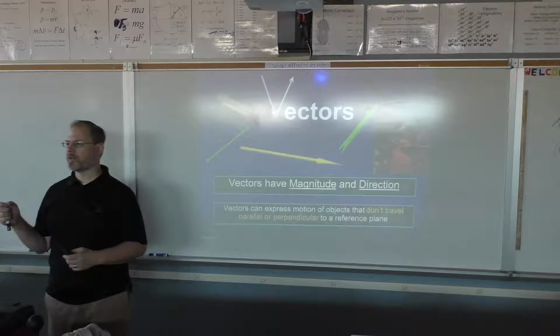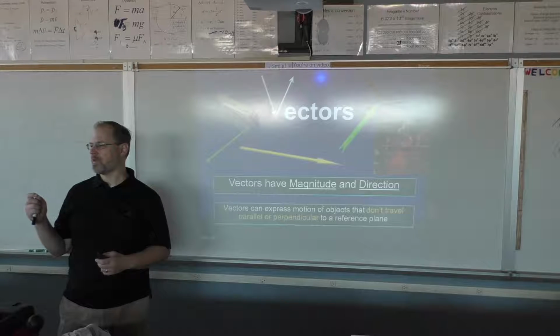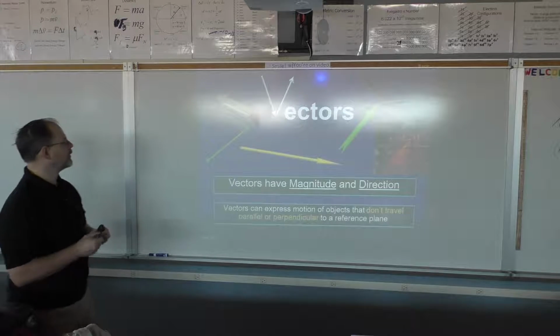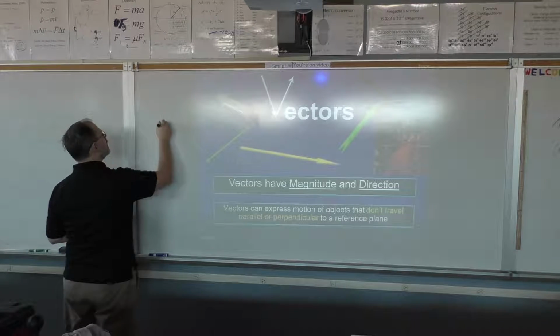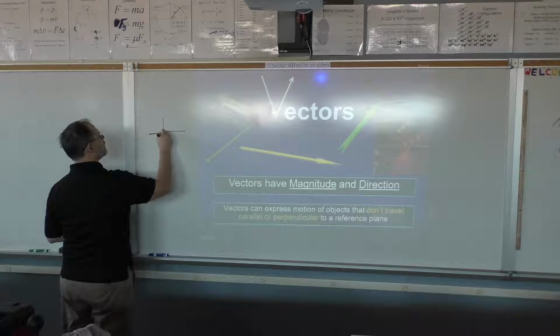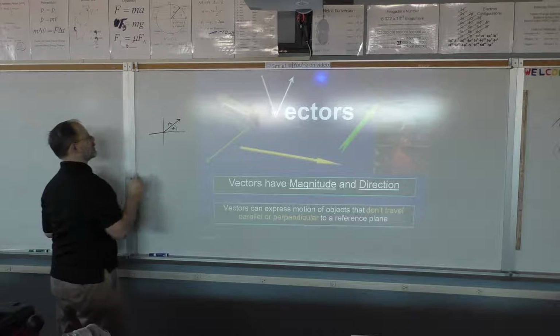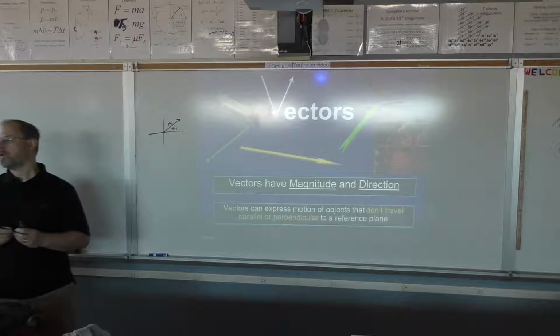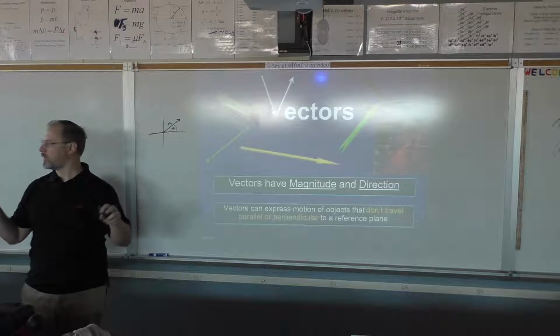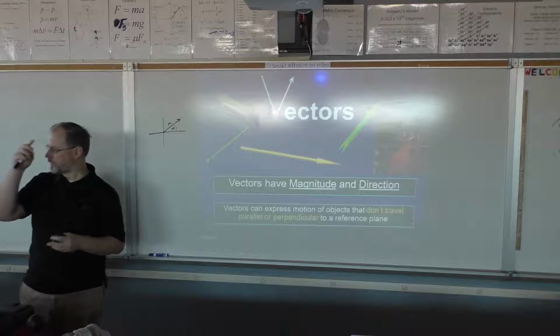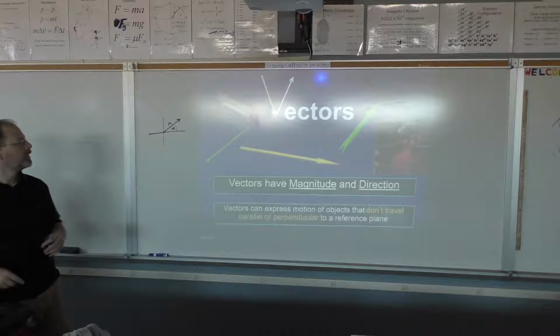Have you guys learned polar coordinates in math yet? Okay. If you haven't, you will soon. A polar coordinate is given by its magnitude and its angle to the origin. They call it polar coordinates, and it's usually graphed on a circle instead of a Cartesian rectangle.